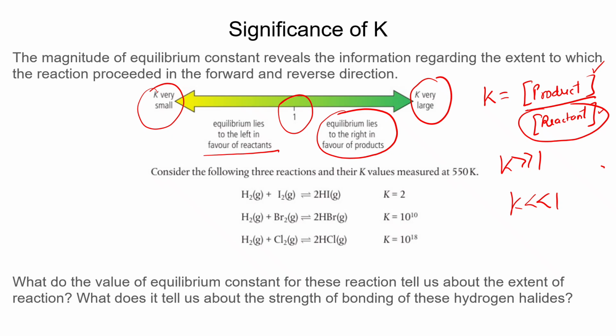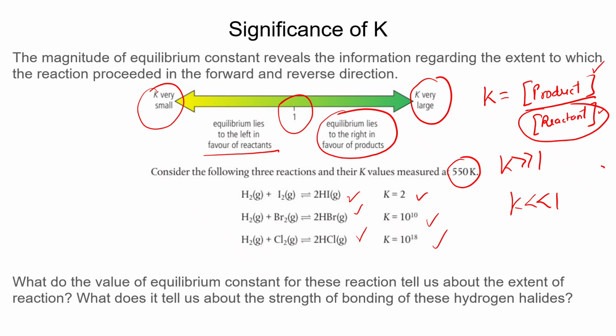Another thing that an equilibrium constant measures is also the comparative stability of the products that are formed in a reaction. For example, if we have the formation of three hydrogen halides which are all measured at the same temperature, these are the equilibrium constant values.